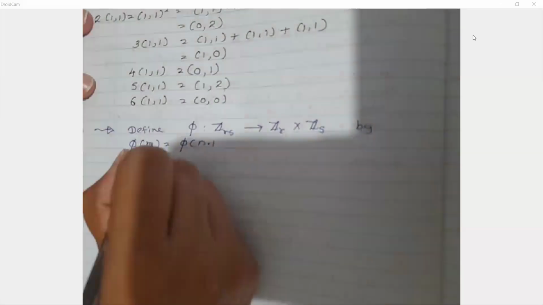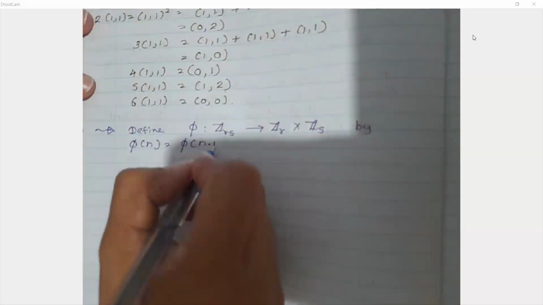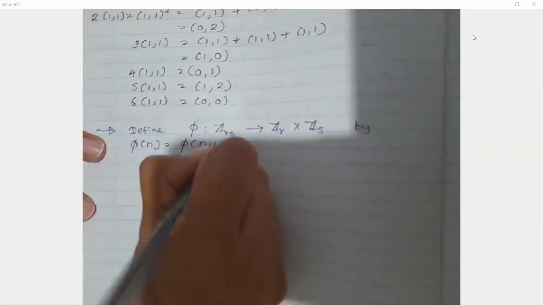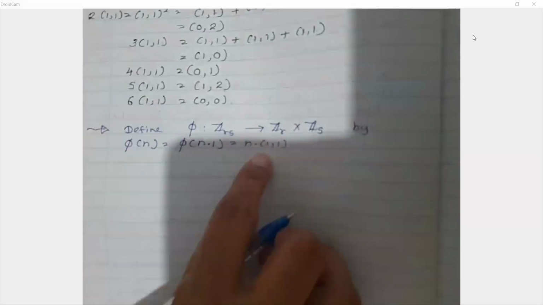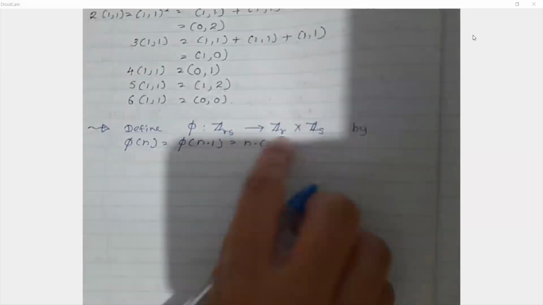Because remember, 1 generates all of Z_RS. So you can take any element from here and write it as n times 1, where 1 is that unity in this ring. And map it to n times the unity that's in this ring, right?